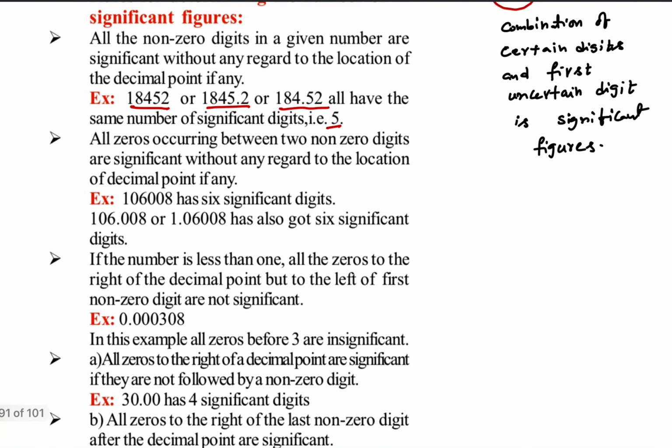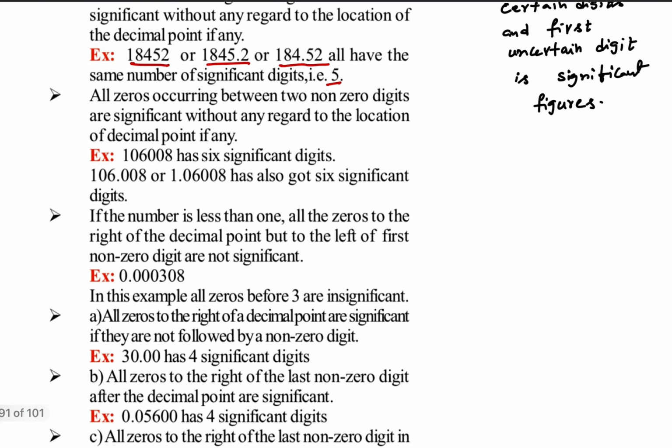Similarly, 1845.2 and 184.52 all have 5 digits. All non-zero digits are significant. Next, if any zeros lie between non-zero digits, they are significant.